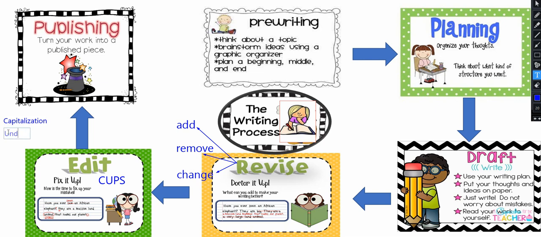U is for understanding. Do I understand what I wrote? Sometimes we write something, but when I read it, I don't understand what I wrote. So I need to fix that. But if I understand my writing, that means that it's good. It's good to go. I am doing a great job.